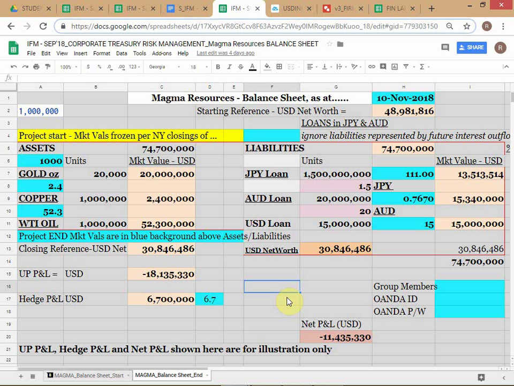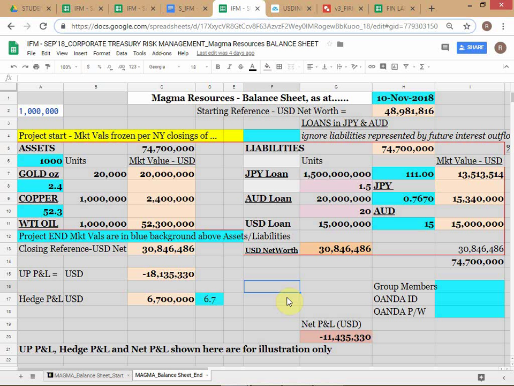Which cell? What is the formula in 18? The asset value of the opening balance sheet minus the asset value of the closing balance sheet. Not asset value, but net worth.